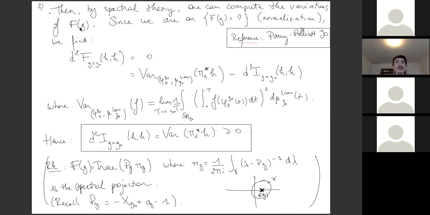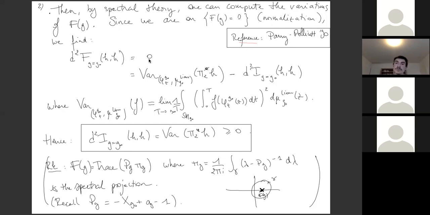So in particular, here we can compute the derivatives of F of g with respect to the metric g. Now, of course, we're restricting ourselves to the hypersurface F of g equal to 0, so that's our normalization condition. So if we compute the second derivative of F of g, well, we find that it's equal to 0.